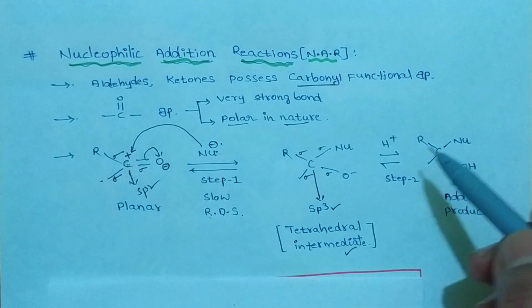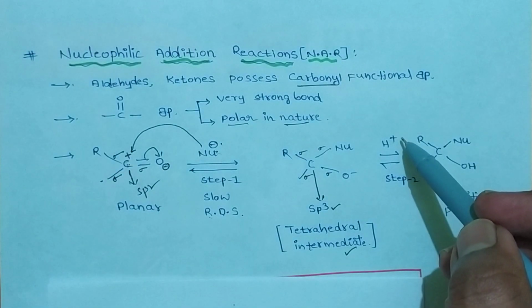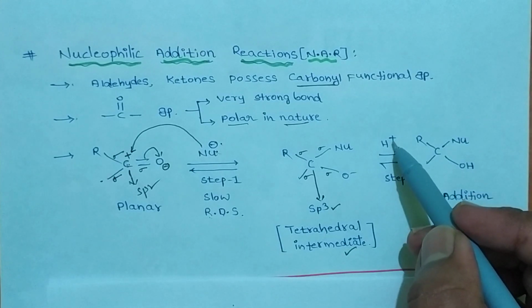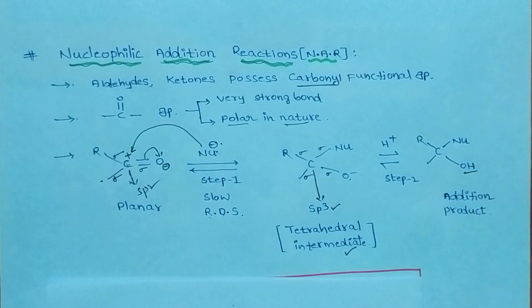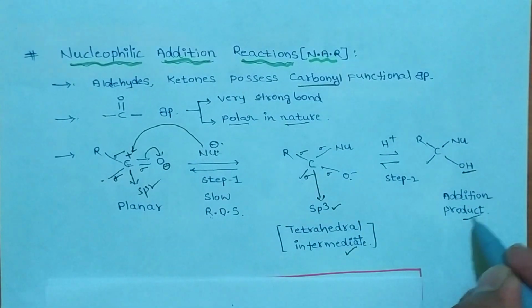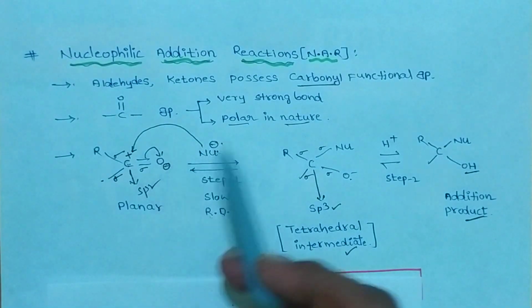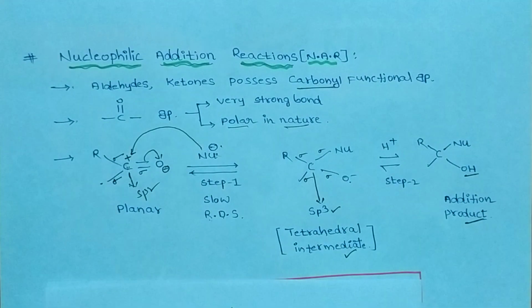Next, this intermediate undergoes protonation. The H plus comes from the reaction medium. Then this H plus attacks over here, and we get an addition product, because a nucleophile is adding and H plus is adding.